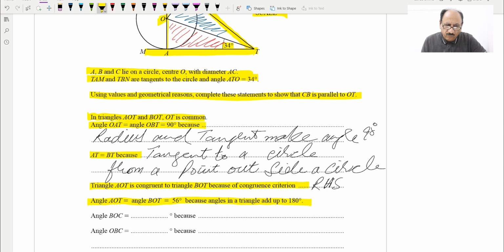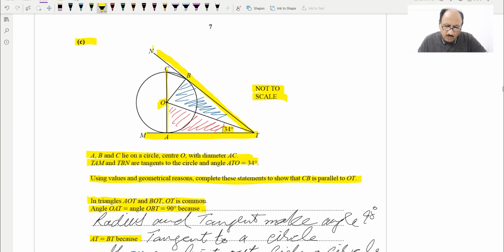So what is angle BOC? BOC is this one. This angle will also be 34, and this angle will be 90 degrees, so we can calculate this angle.